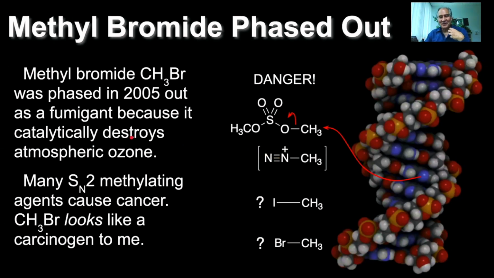But when I see methyl bromide, I am actually not that concerned about the ozone layer, even though it destroys the ozone layer. The main thing that concerns me when I see methyl bromide is that it's a methyl group that has a leaving group attached. And whenever I see powerful electrophilic methylating agents, I'm not worried about ozone. I am worried about my DNA.